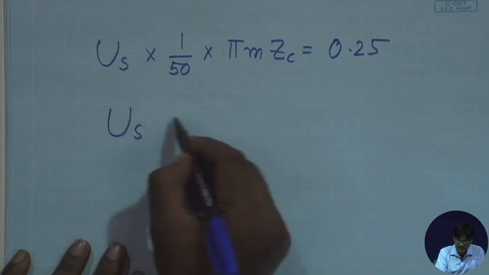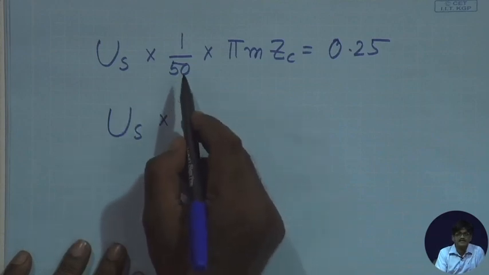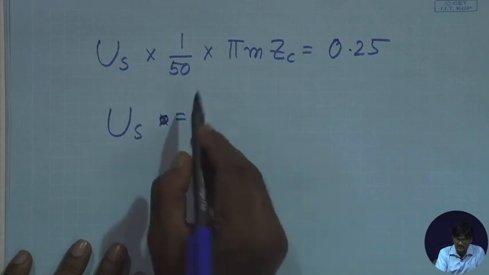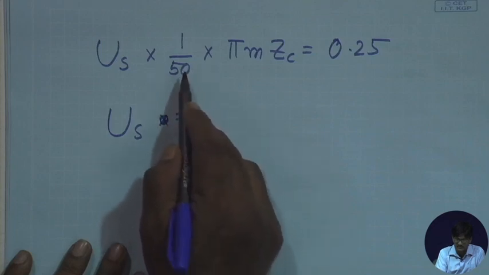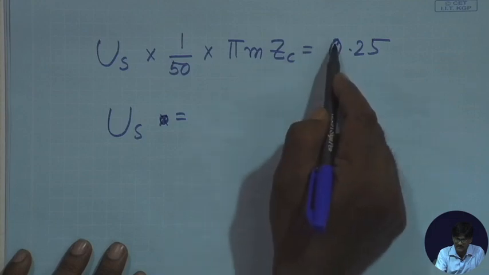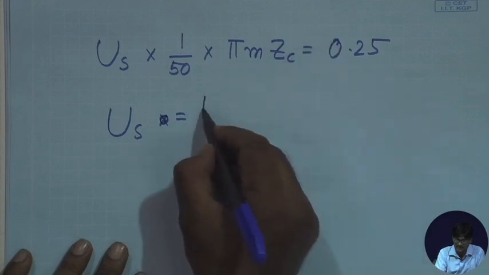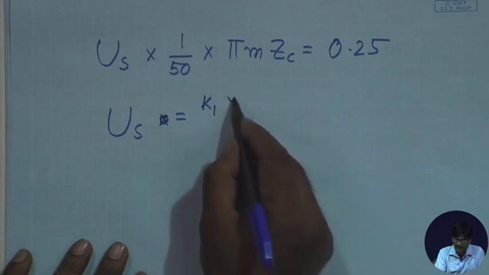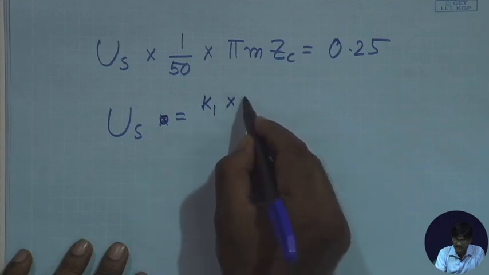Okay. Now, let us generalize it. US equal to, we will put this as a constant. Okay. We are generalizing it, so it comes as a constant, and let us take it already to that side. So, it is equal to k1 multiplied by pi, pi is also a constant.